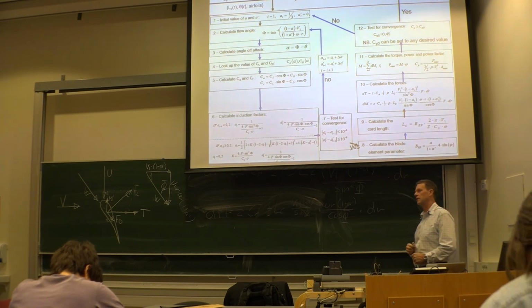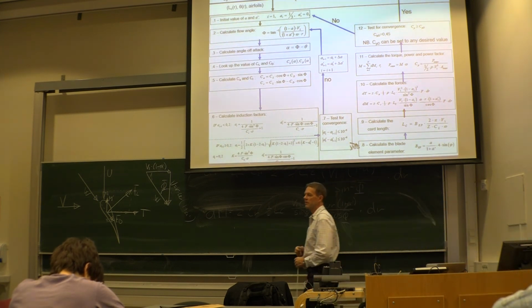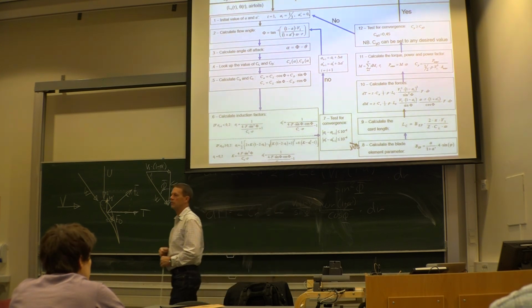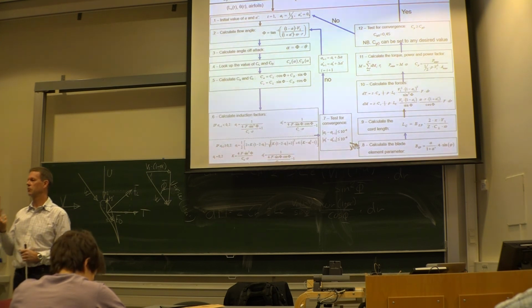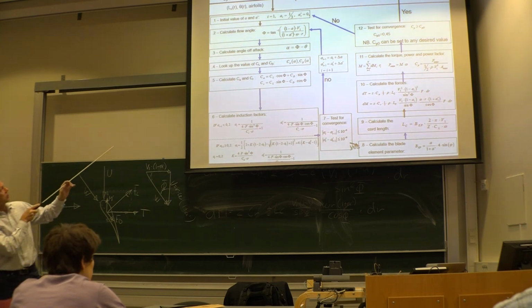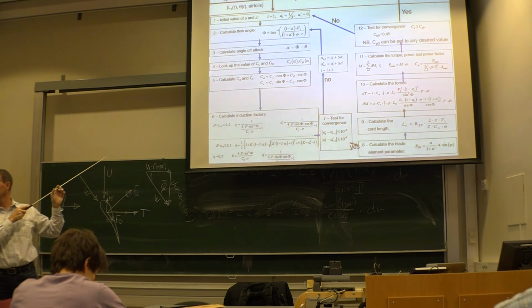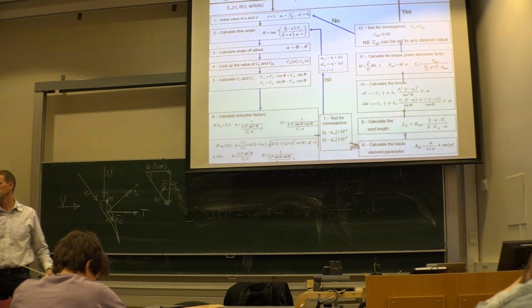And yes, you're right. On that line, there should be information about how to change the blade. It should be either the chord length or the twist angle you should change when you go back from 12 and then start over again. So you need to do some changes there.